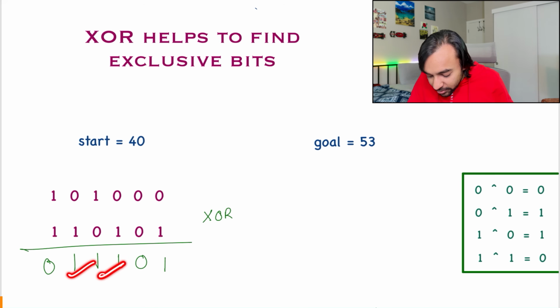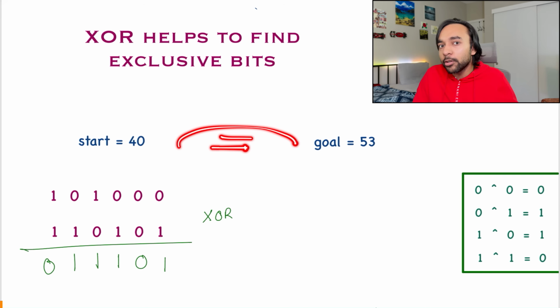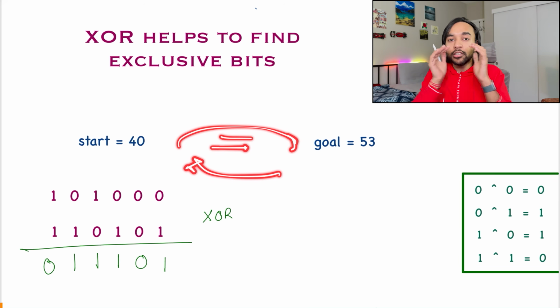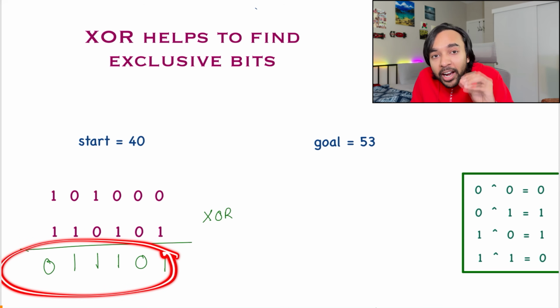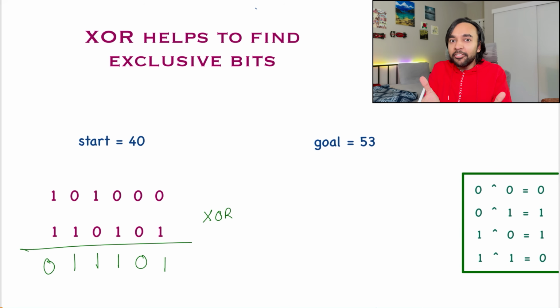Because if these bits would have been flipped, then these numbers would have been same, right? I would have been able to convert one to the other. So, if I can take up this number and I can find out the number of set bits, then I can easily find out the total number of operations required.